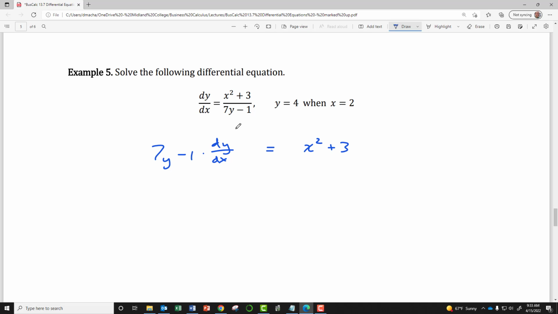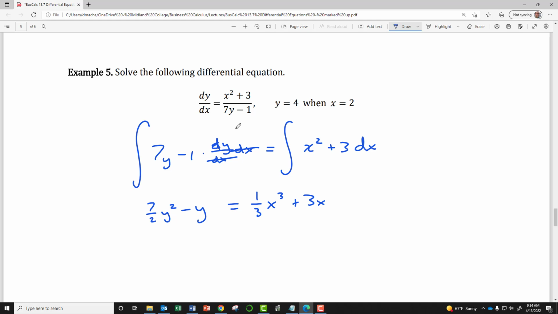Because I want to get rid of that derivative and I want to solve for just y as a function of x, I'm going to take the antiderivative with respect to x of both sides. And on the left side, these dx's are going to cancel. And it turns out I'll be taking the antiderivative with respect to y, which is going to be 7/2 y squared minus y. And on the right side, the antiderivative with respect to x gives me 1/3 x cubed plus 3x plus c.